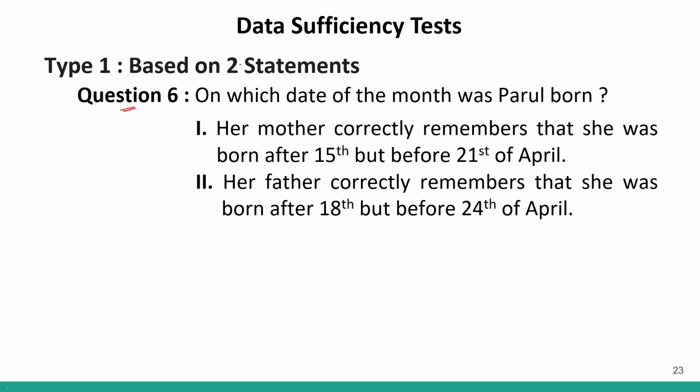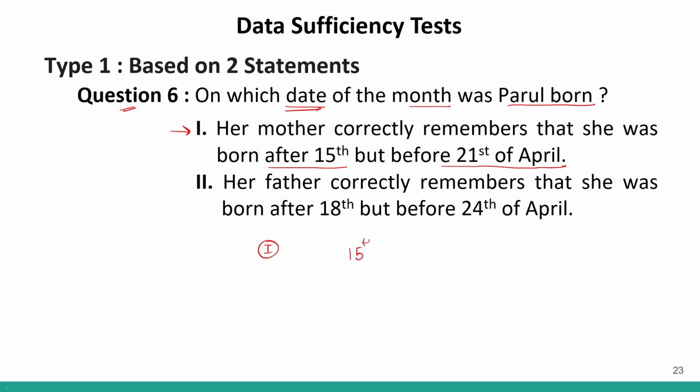Now, coming to question number 6. We have to identify on which date of the month was Parul born. We have to identify the exact date of the month on which Parul was born. Let us take statement number 1. Statement number 1 says that Parul's mother correctly remembers that she was born after 15th but before 21st of April.